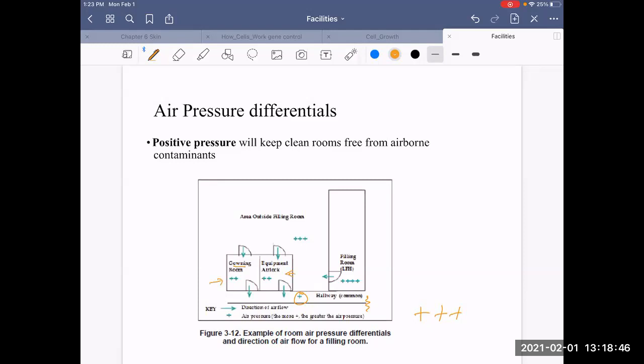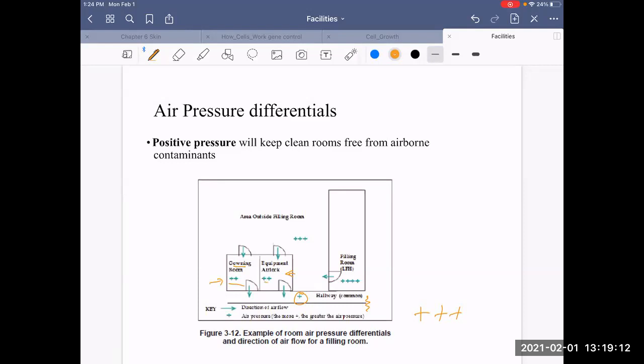Okay, so people can go in this way, right? But the air is going to flow out. Okay, so the gowning room has two pluses. Okay, the equipment airlock, because we don't want the people and the equipment going through the same space. We don't want anything to be cross contaminated.